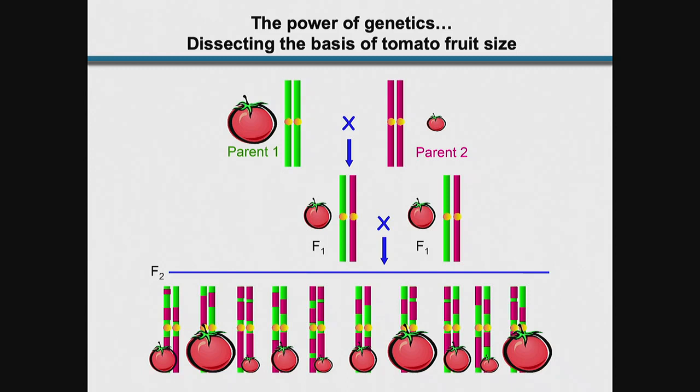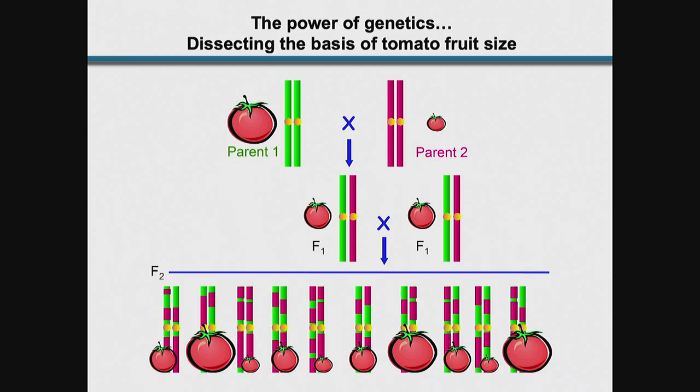So to map QTLs, you take your two inbred lines, right? This inbred line, what does it mean? It means that it's basically as homozygous as possible across all loci, right? And same thing for this inbred line, as homozygous as possible, but with different alleles from parent 1, all right?